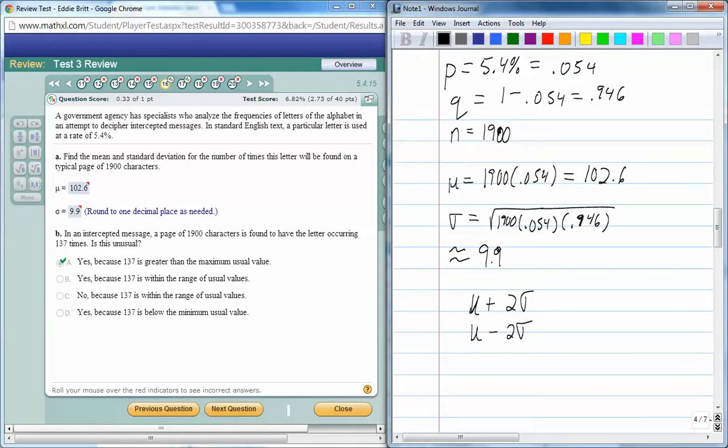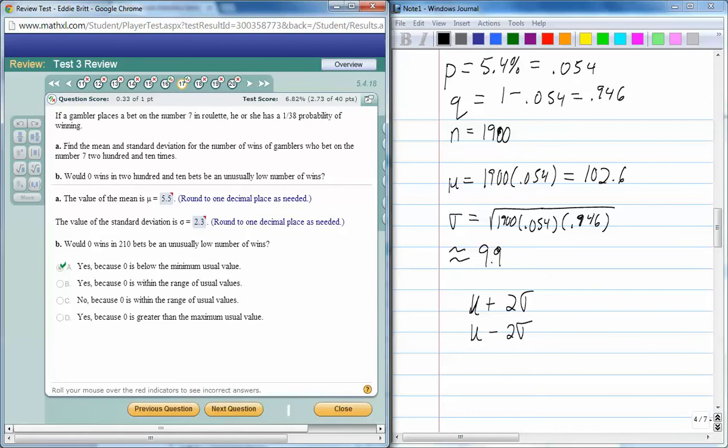And then see, is 137 between the two? If it is, then it's usual. If it isn't, then it's unusual. So it looks like you're going to get yes, it is greater. 137 must be greater than the maximum usual value.